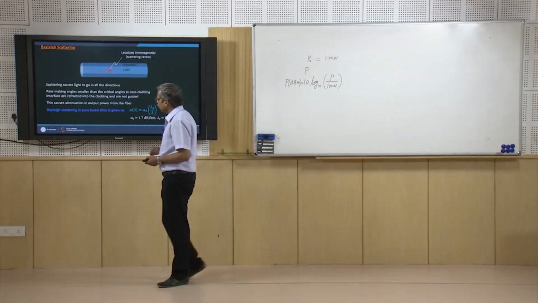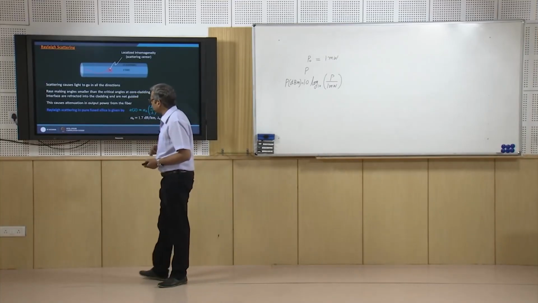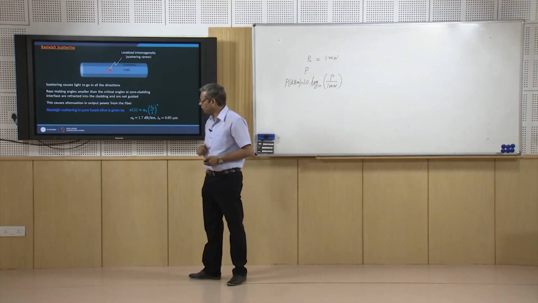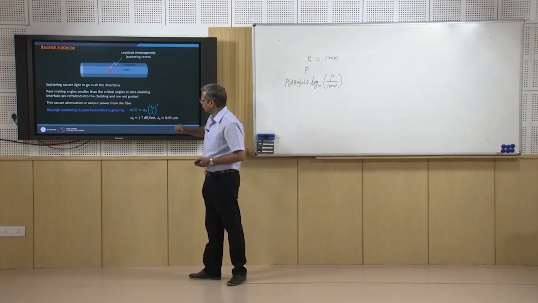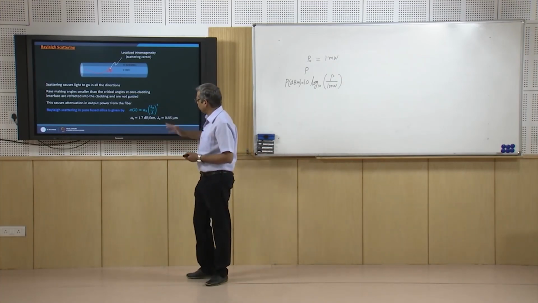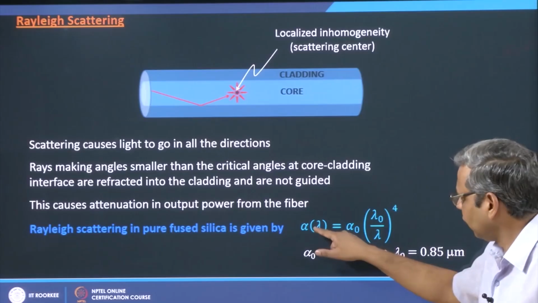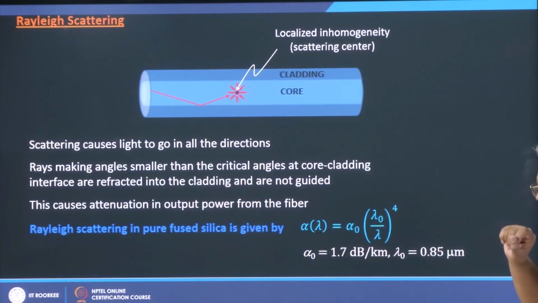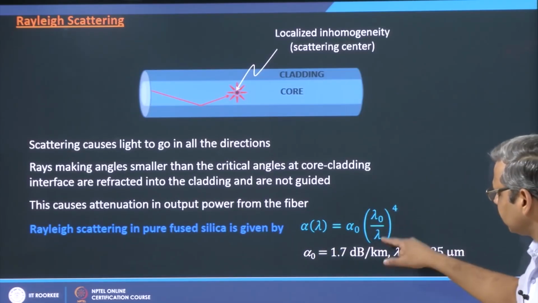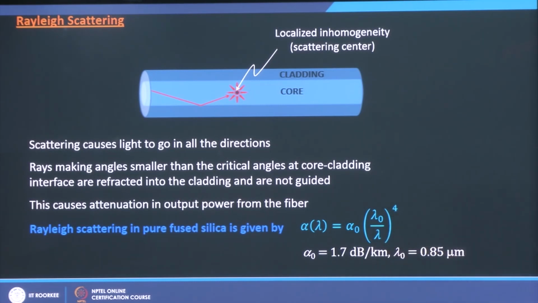And this Rayleigh scattering loss in pure fused silica is given by this relationship which has been obtained by empirical fitting. Alpha at lambda is given by alpha 0 times lambda 0 over lambda to the power 4, where alpha 0 is 1.7 dB per kilometer and lambda 0 is 0.85 micrometer.